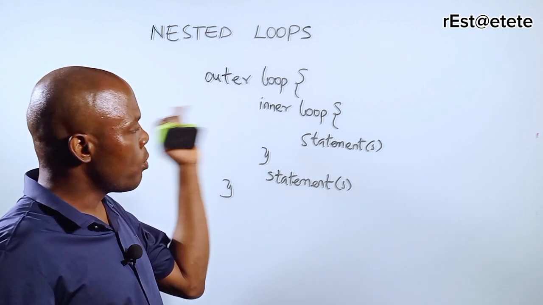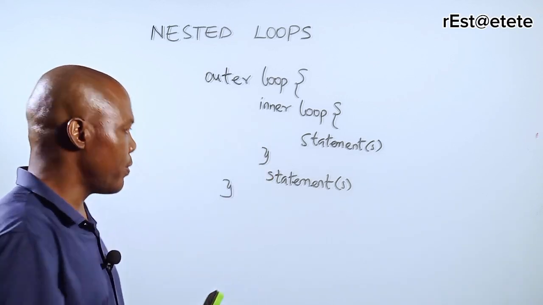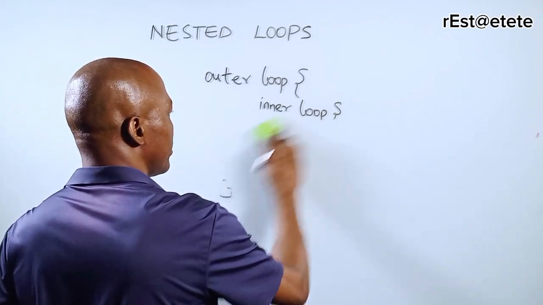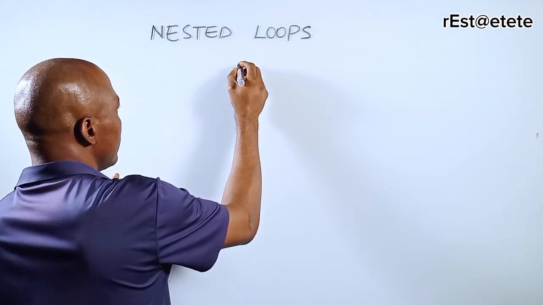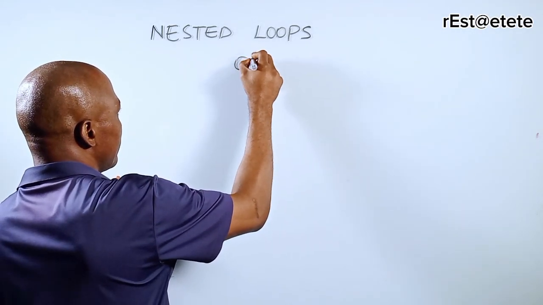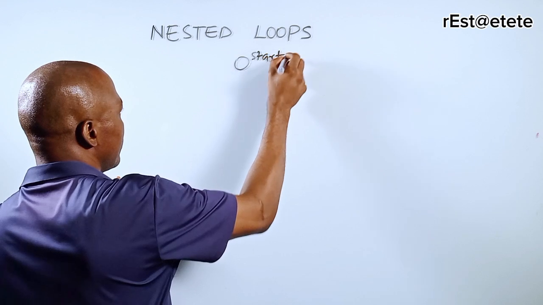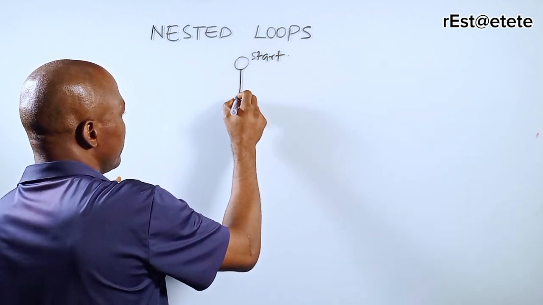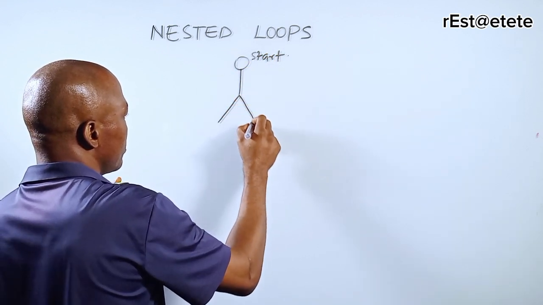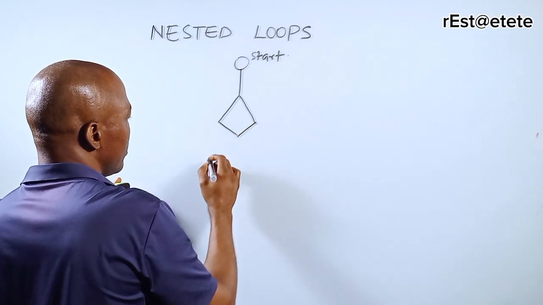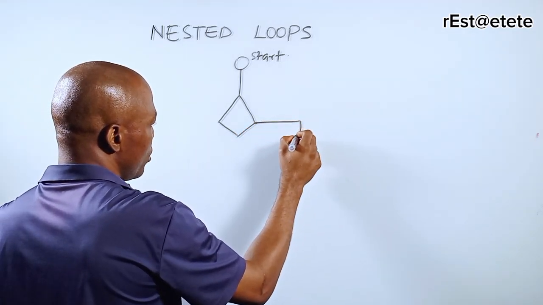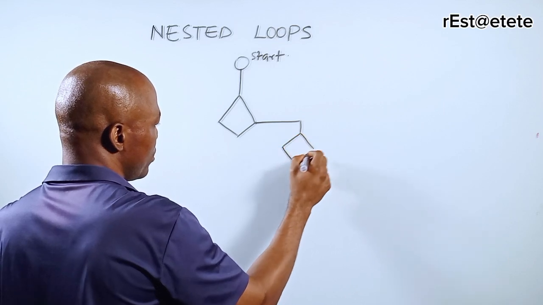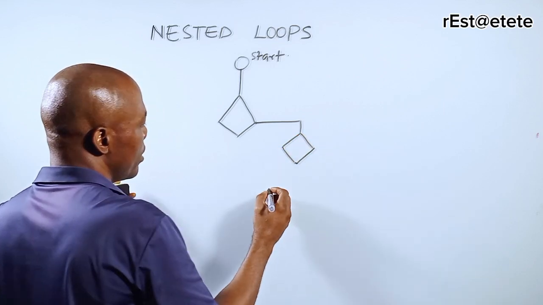So what is the flow chart for nested loops? Based on that syntax, I'm going to draw a flow chart. So this is the start. Then you have this condition. If the condition is true, you have another condition, which is another loop.